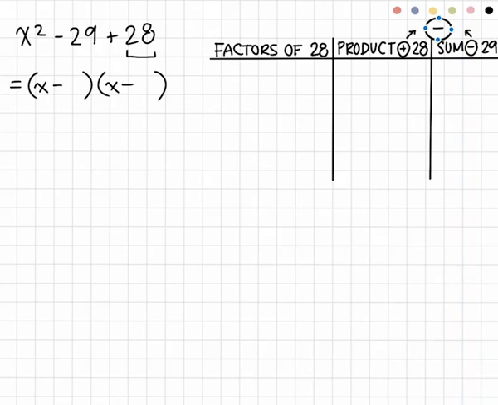Try to make this a little bit smaller here. There we go. So let's go ahead and begin our process by finding the factors of 28. So remember, both the numbers have to be negative. So I'm going to work with negative 1 times negative 28.